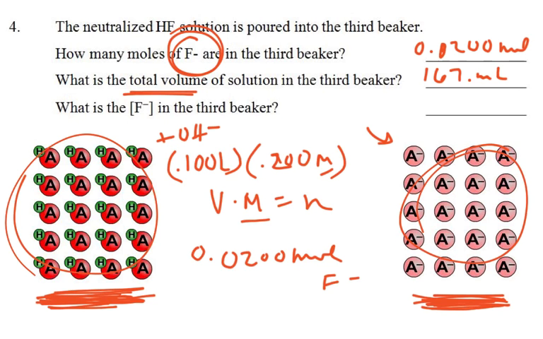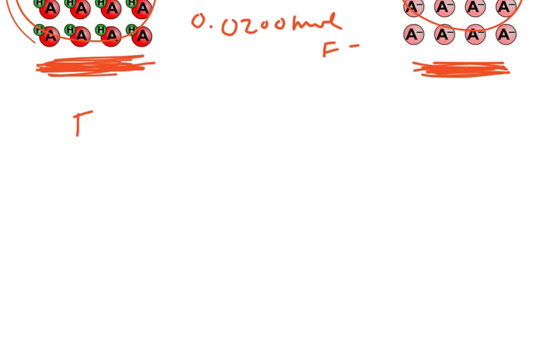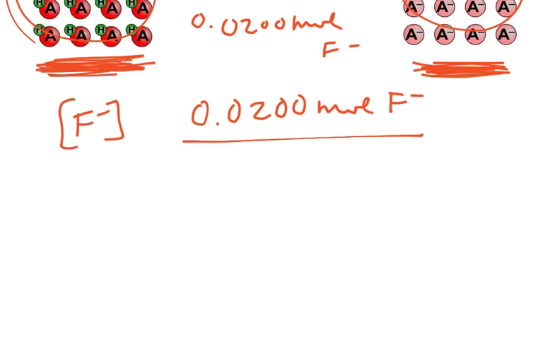Because the next part here is, what is the F minus concentration? Well, the F minus concentration in our third beaker, when we're all done, is going to be the number of moles of F minus divided by the total volume, but we do moles per liter, so that's going to be 0.1667 liters of solution.